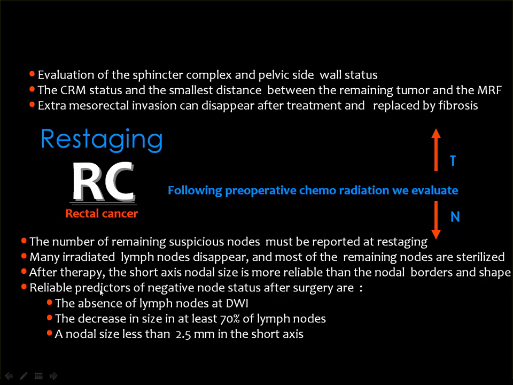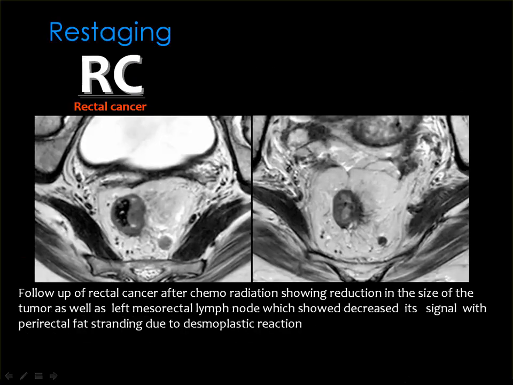Then reliable indicators of negative nodes before surgery: number one, absence of lymph nodes on diffusion weighted images, decrease in the size by about 70% of the lymph node, and the nodal size less than 2.5 millimeter in the short axis.